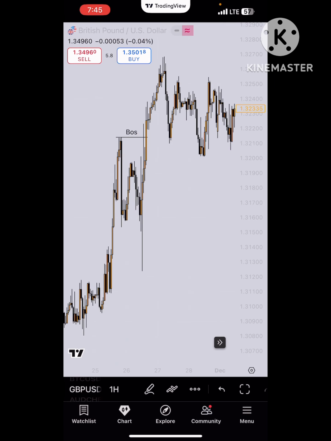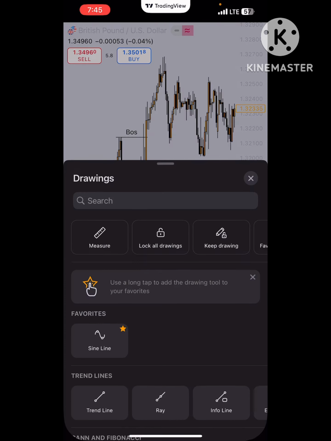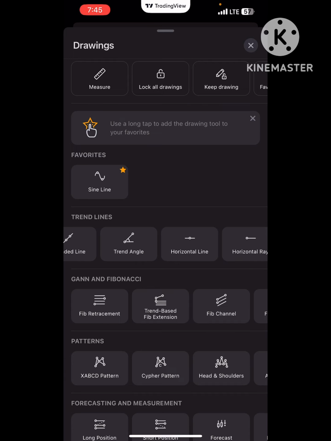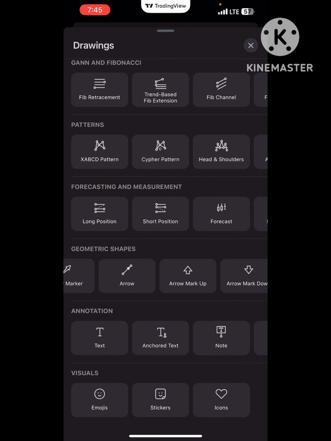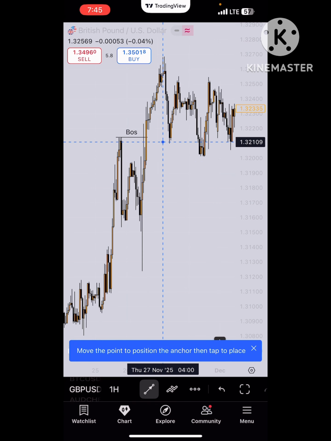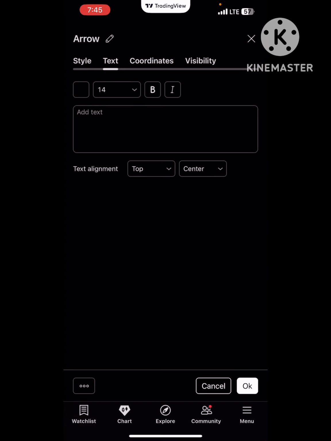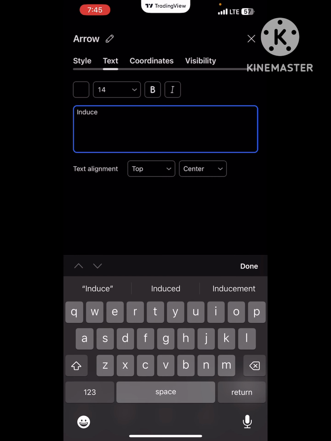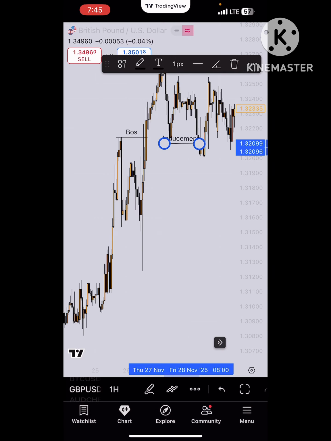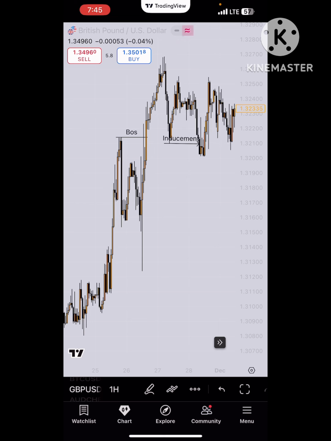So what's the next thing to do? We need to identify our inducement. Where's the inducement? The inducement is very, very obvious from here. So this is our inducement. Very, very easy to spot. This is our inducement. Then what's the next thing to do?